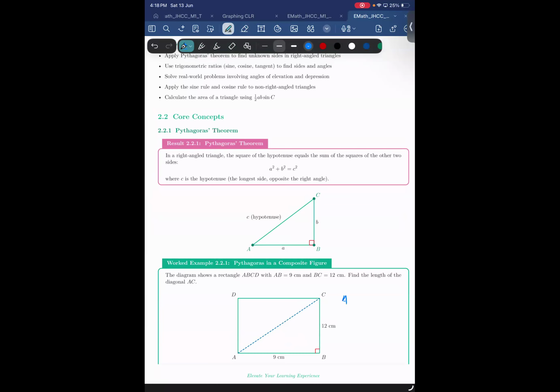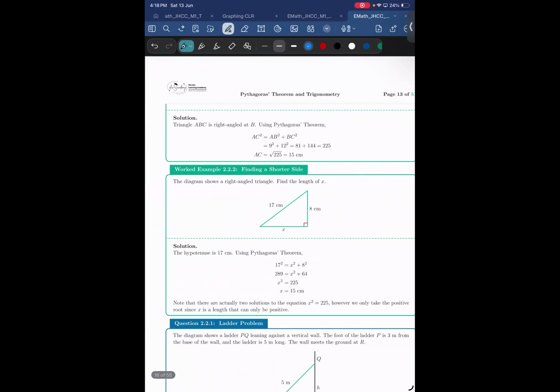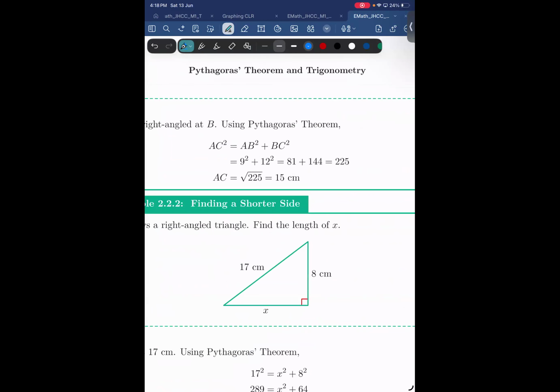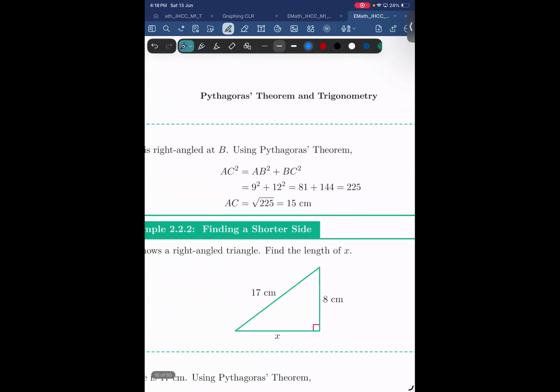By the Pythagoras theorem, AC squared equals AB squared plus BC squared, where AB is 9 and BC is 12. Then AC is simply the square root of 81 plus 144, which is 225, and the square root of that is 15.